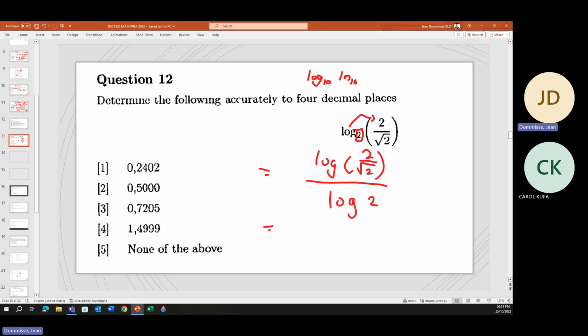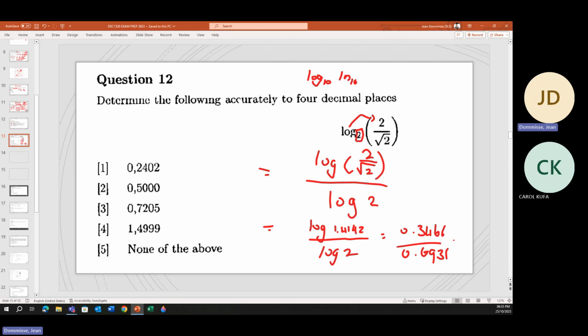So if we do that, 2 divided by the square root of 2 is 1.4142, the log of which is 0.3466, and log 2 is 0.6931.